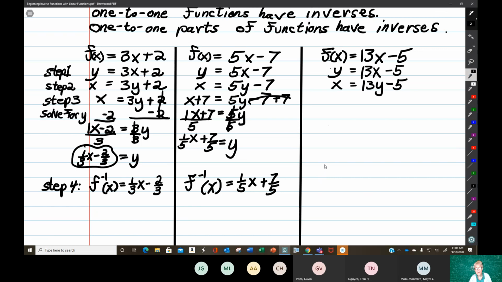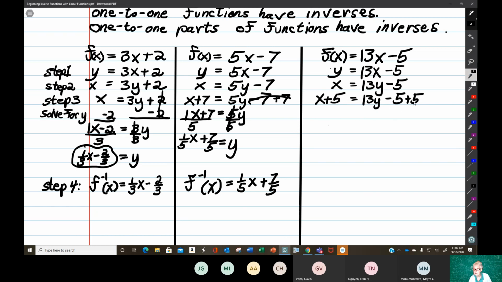Now I have to solve for y. Okay, so I'm going to say x equals 13y minus 5. If I'm going to solve for y, I have to undo this subtraction at the end, so I will add 5, and that means I have to add 5. Not going to get fancy like I did in number 2 here.